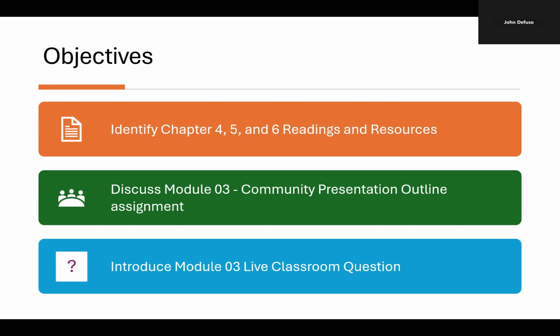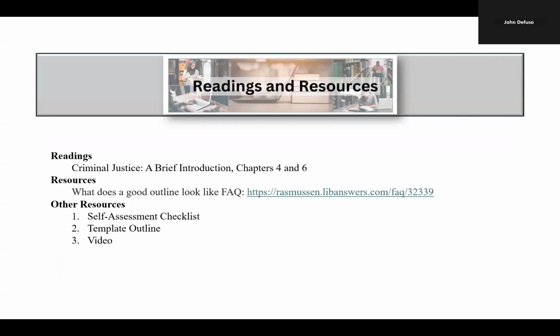Let's turn our attention for a minute to readings and resources. This is what you see inside your course. It does say chapters 4 and 6. However, I added another chapter because it relates directly to what we're going to be discussing.